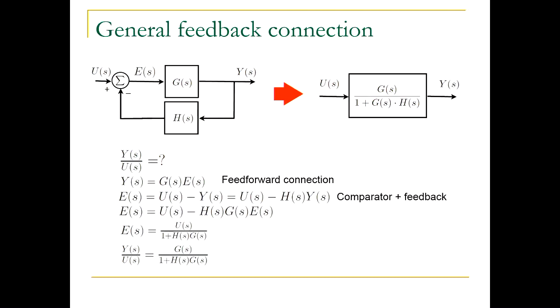In this case, however, there is a difference. So what is on top here is just G. That's the feed-forward transfer function. And what is at the bottom is 1 plus the loop, the transfer function of the full loop. That's easy to remember then. And then only this plus or minus would depend on the plus or minus of the comparator.